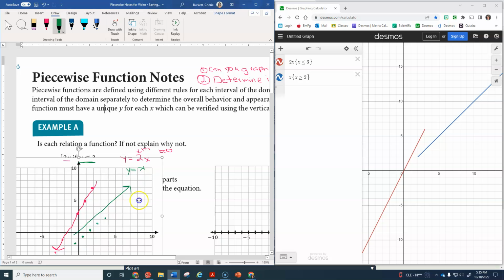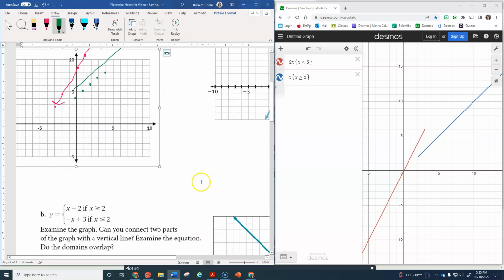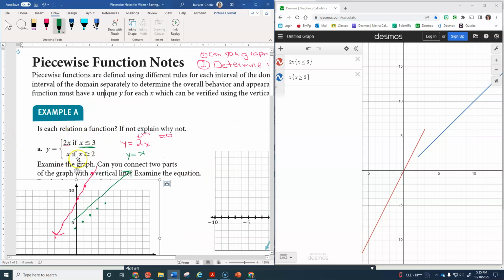So as you can see, here is the equation right here that they gave us to graph, and I went and typed that in. Now, I didn't put the y equals, but you certainly can. Nothing changes when you put the y equals. You cannot put it on the same line.